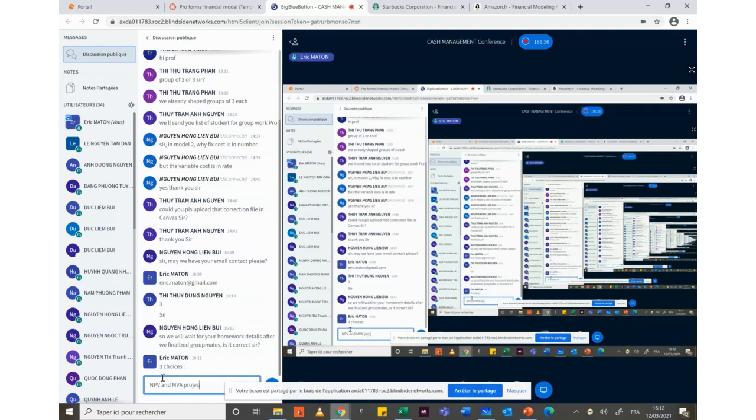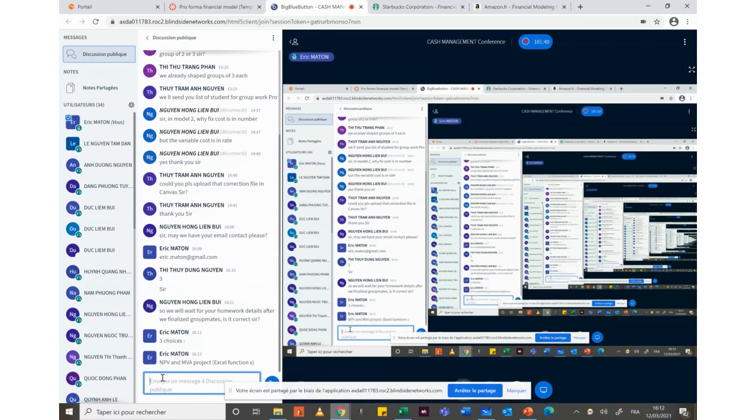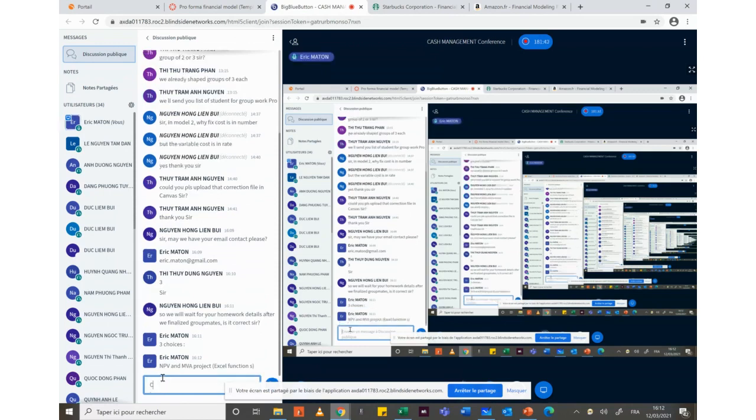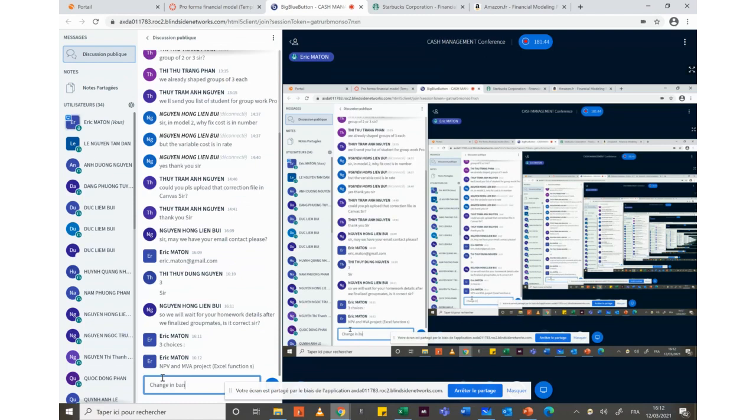In this case, there is a lot of use of Excel functions. Or you can decide to explain the changes in the balance sheet: what is with a cash effect, and what is with a non-cash effect.